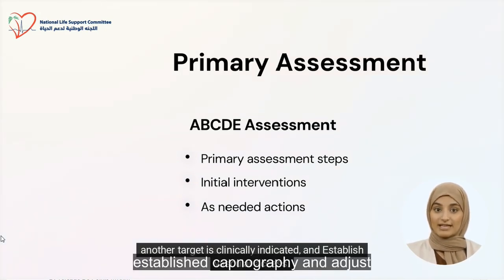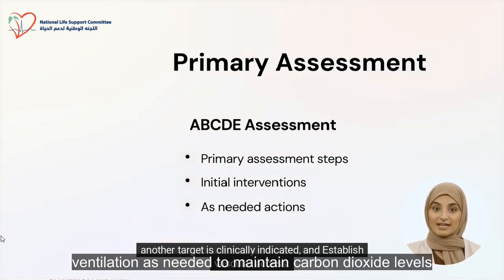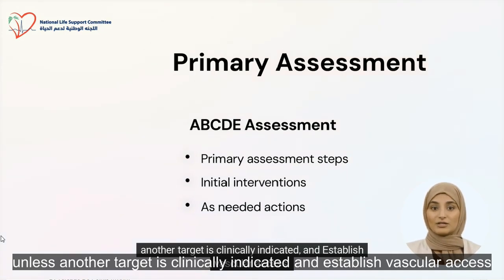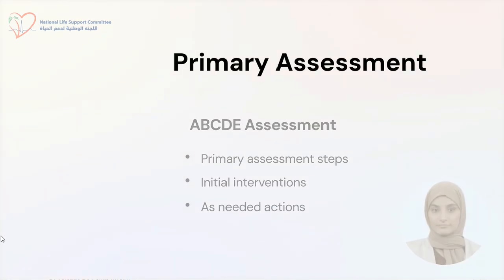Establish capnography and adjust ventilations as needed to maintain carbon dioxide levels in physiologic range between 35 and 45 mmHg as monitored using end-tidal CO2 unless another target is clinically indicated, and establish vascular access.